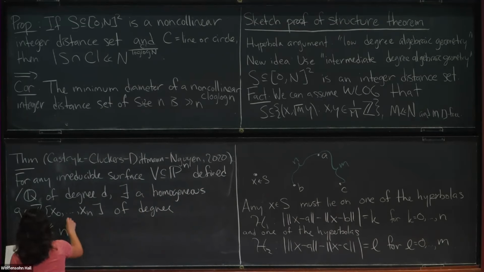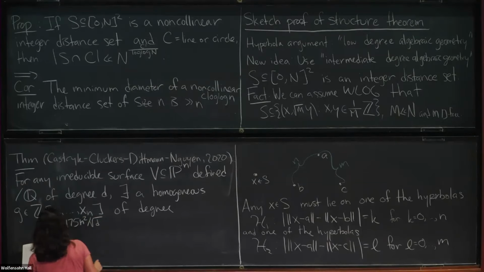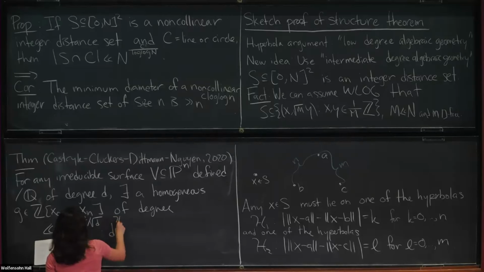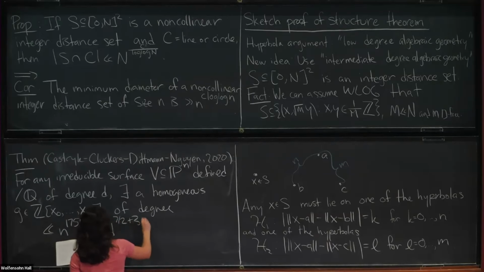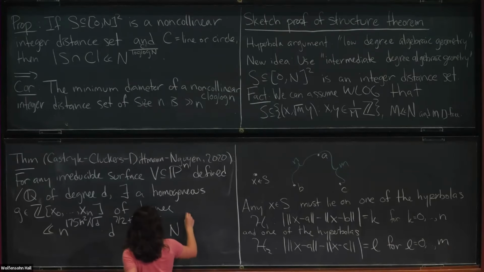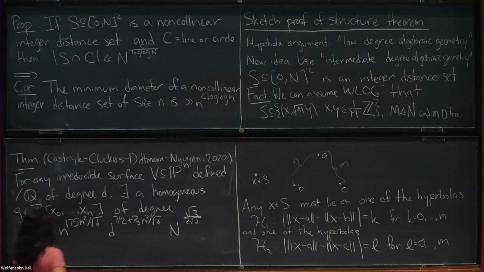n to the 175 n squared divided by square root of D, D to the 7/2, 3 n squared divided by square root of D, then n to the square root of 3 or 2 square root of D. There exists such a polynomial with the property that it vanishes on all rational points of V of height at most n.